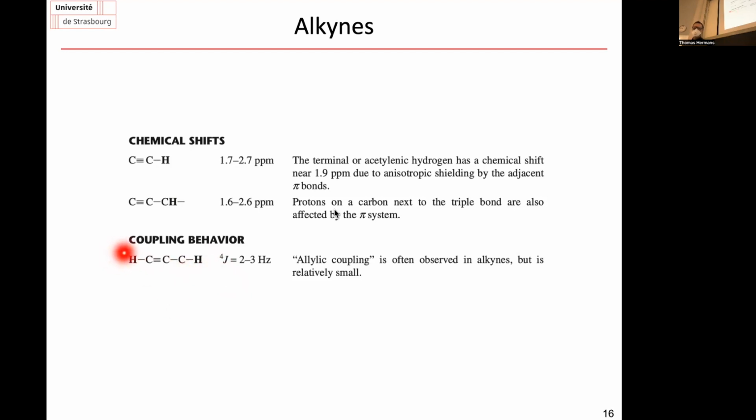If we count between those protons, we have 1, 2, 3, 4 bonds. But the splitting constant is very small. When they say splitting is small, they mean not many hertz. They don't mean the peak intensity.